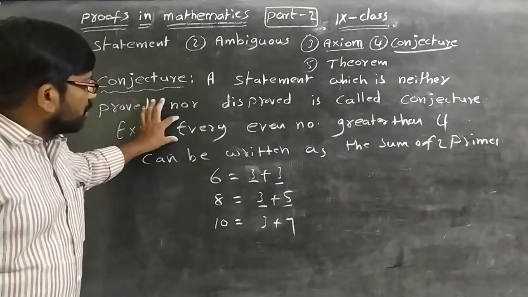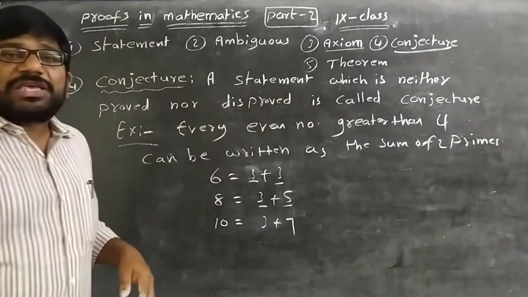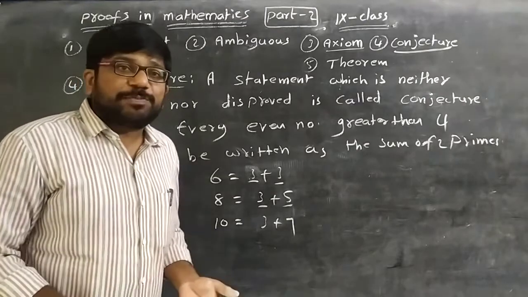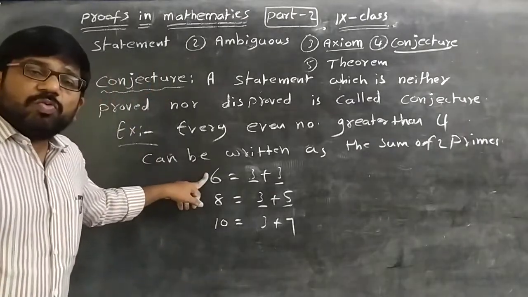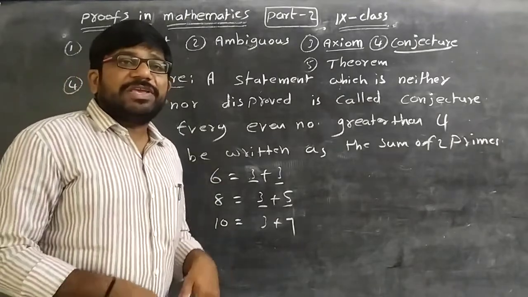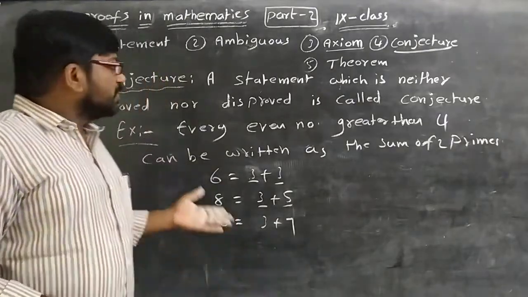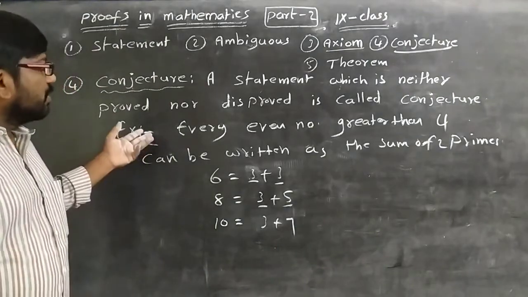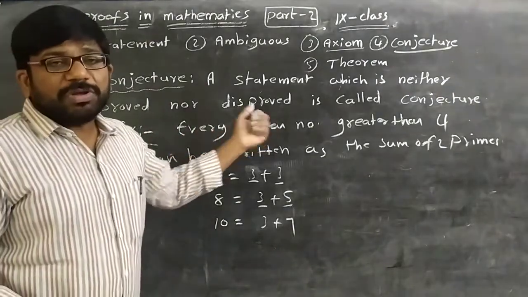So this conjecture cannot be proved and cannot be disproved, right? We have many even numbers. Even numbers are infinite, right? So for this statement, there is no proof or disproof, right?